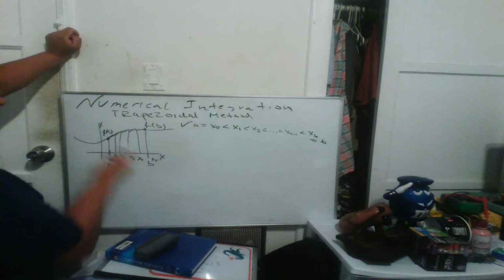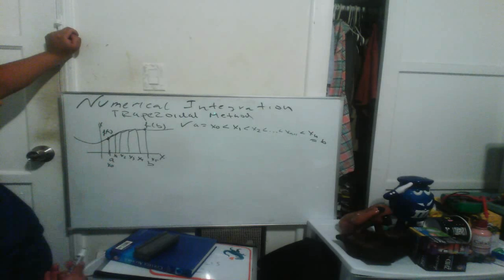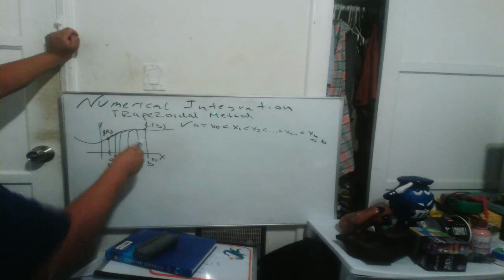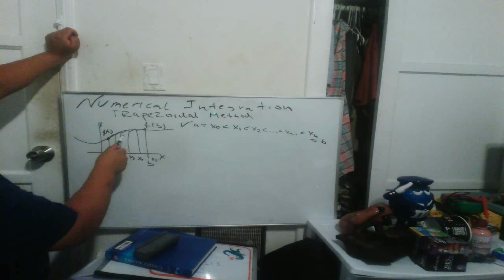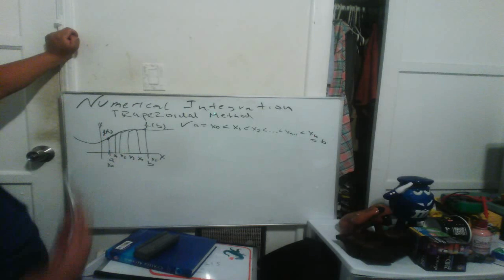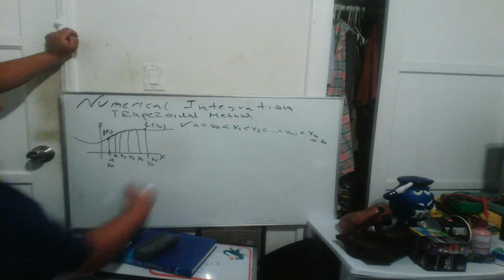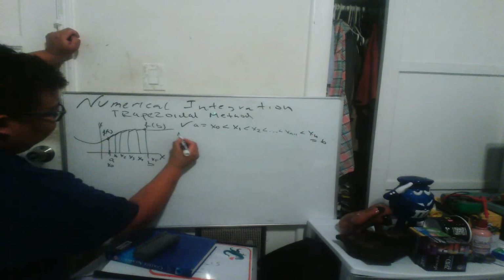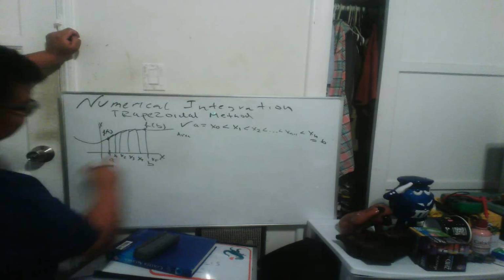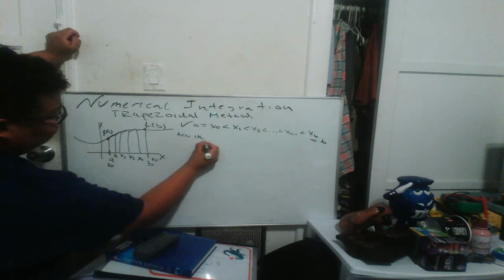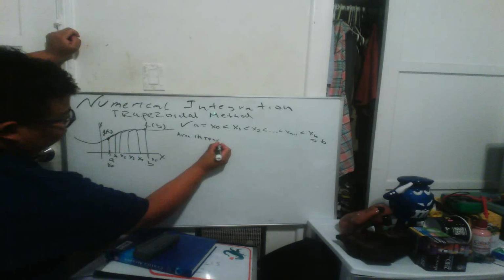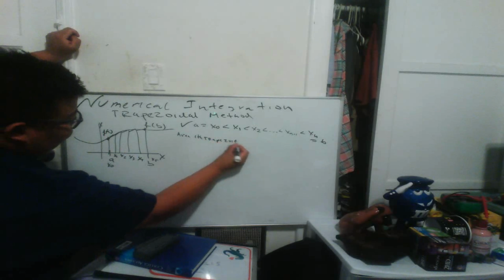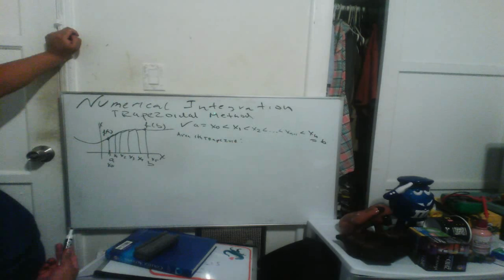Next, because we're working with areas, the area under the curve for the trapezoidal method is going to be done with trapezoids. Instead of having rectangles, we're having trapezoids. And the way we're going to define the area of the ith trapezoid is as follows.